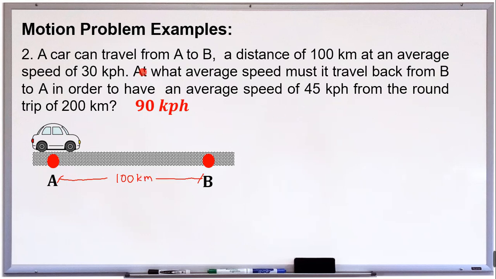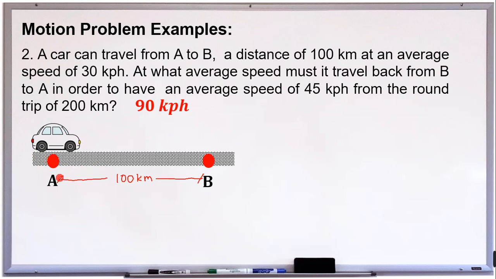Okay, so at what average speed must it travel back from B to A in order to have an average speed of 45 kilometers per hour from the round trip of 200 kilometers? So first things first, if you encounter a motion problem, make sure to illustrate the problem, just like what I have here.